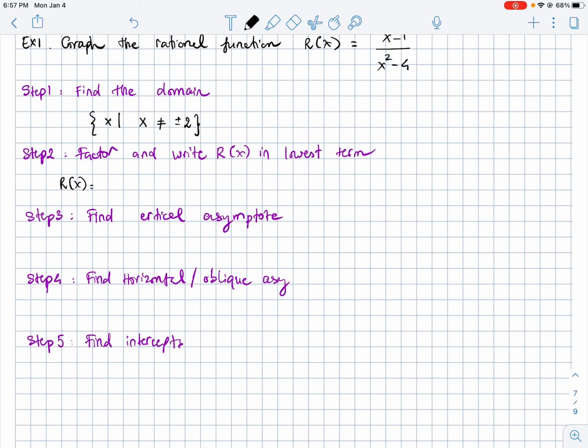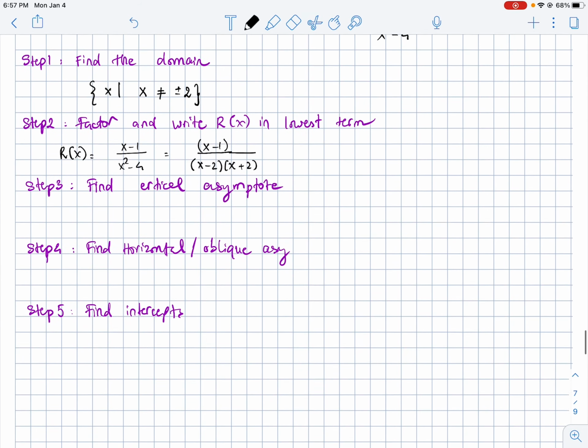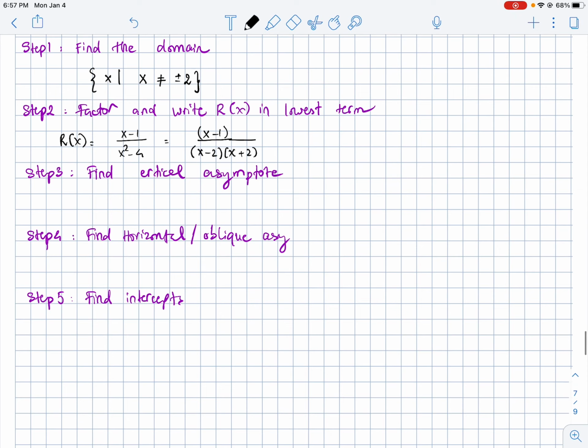We factor the top, and the top we cannot factor. We factor the bottom. Looking at the top and the bottom, we do not have matching parentheses to cancel. So r of x is already in lowest terms.